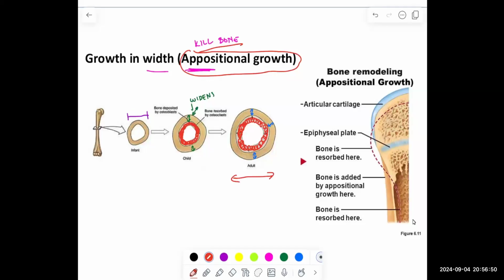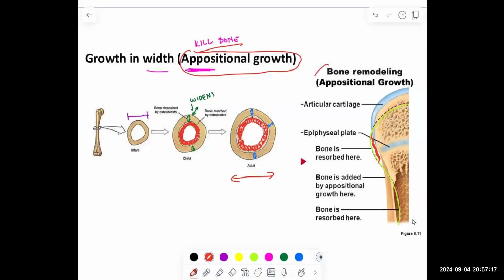That's why growing pains. Okay. So here, this is the line that the bone used to be. That's where the bone used to be. All right. So if you think about it, this area where the bone once was when you were a child is lost for it to grow taller. So there's a change in width.